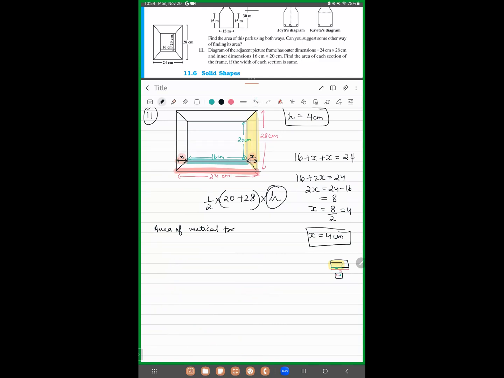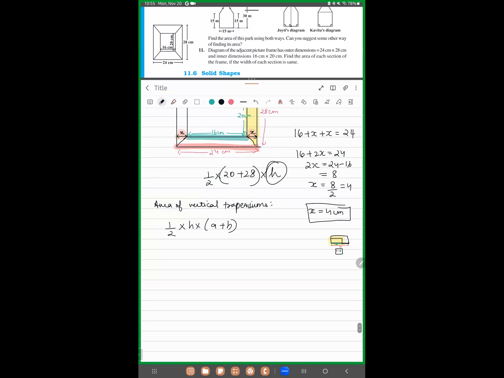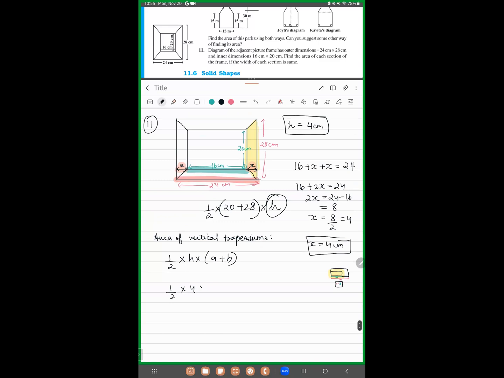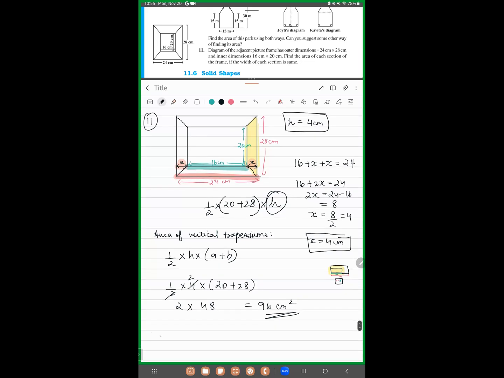Area of vertical trapeziums is half into height into sum of parallel sides. So half as it is, height is 4, we just now found it, and the sum of the parallel sides is 20 plus 28. So this is going to be how much, Hiba? 96.